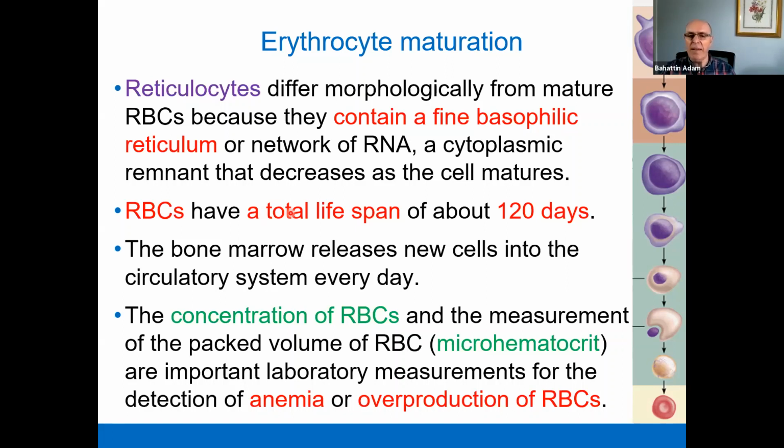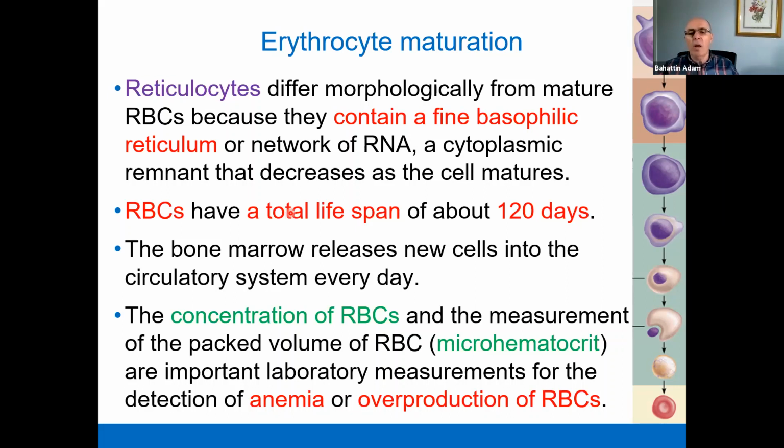And the red blood cells have a total lifespan of about 120 days. The bone marrow releases the cells into the circulation. The concentration of the red blood cells and the measurement of the volume of the red blood cells, which we call microhematocrit, are important laboratory measurements for the detection of anemia, or the overproduction of red blood cells.